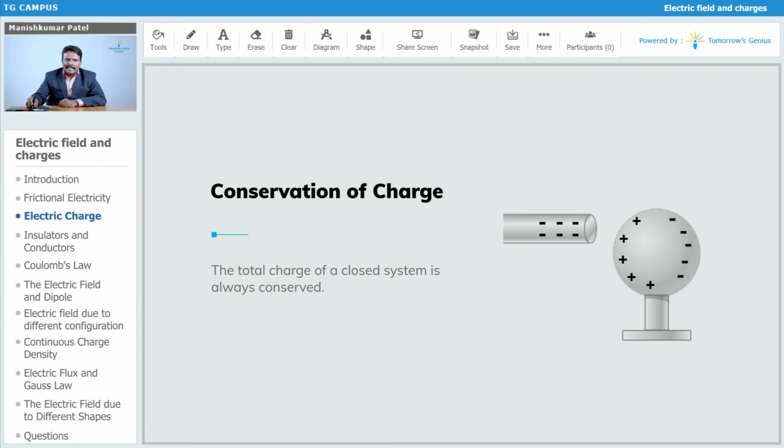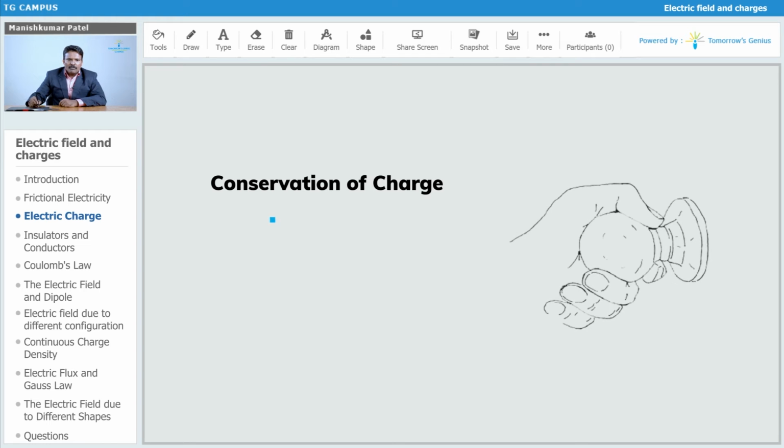So on one side it has positive and on another side it has negative charge. The charge is induced temporarily. That is called the process of induction. The law of conservation of charge is also applicable for the induction process.